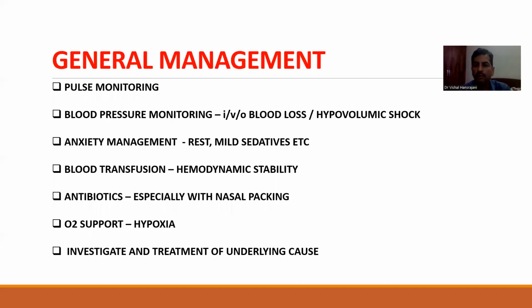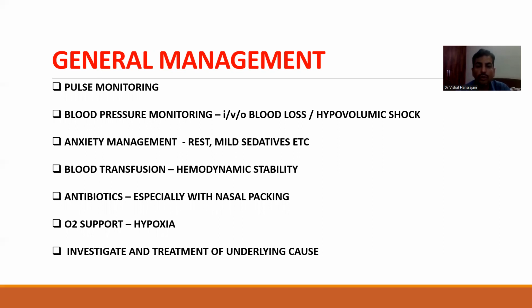So for general management, we need to monitor the vitals of the patient. Even if you have stopped the bleeding, but the vitals are not stable, then definitely it is not good management. So you always look for low pulse and high pulse, and you need to monitor the blood pressure in view of blood loss and hypovolemic shock. The patient is always in anxiety, and so we need to give some rest to the patient also.